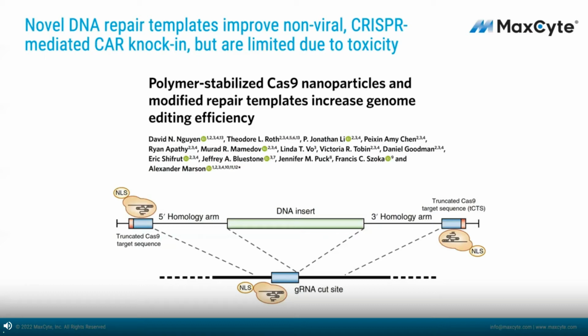And what this group showed is that this was a very efficient strategy to increase HDR efficiency and CRISPR knock-in efficiency overall for large constructs in cells like primary T cells. So instead of having 8 to 10% CAR knock-in, you could use this strategy to go above 20, 30, even 40% knock-in, getting a lot closer to what you're able to achieve using viral integration strategies.